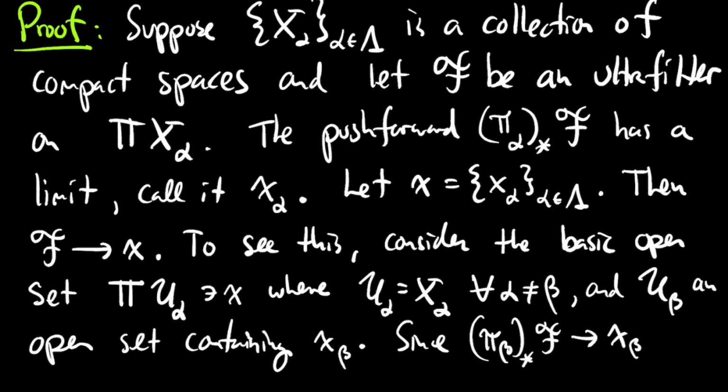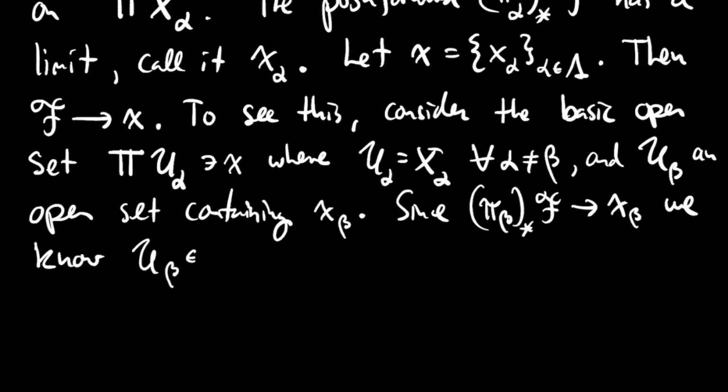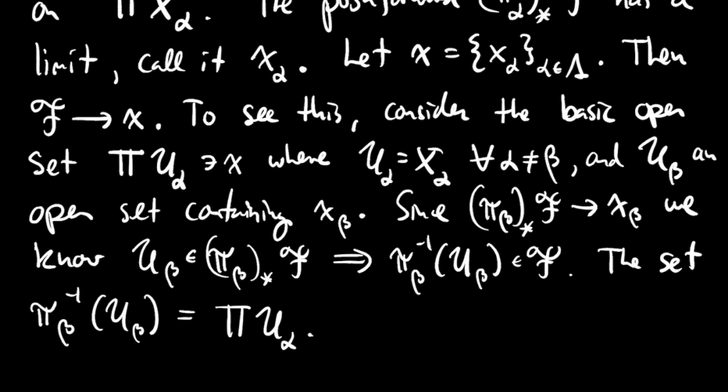Call it U beta around X beta. But because U beta is an open set around X beta and the push forward limit converges to X beta, that open set is in the push forward filter, which means exactly that its pre-image is in the original filter, but its pre-image is that open set around X in the product topology.